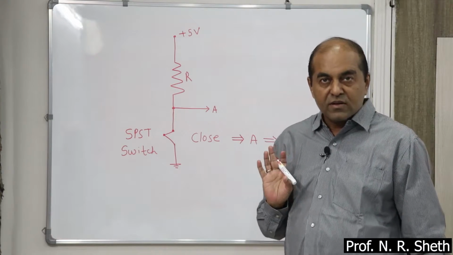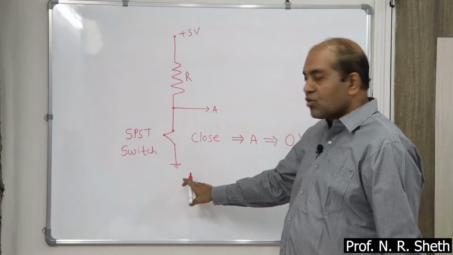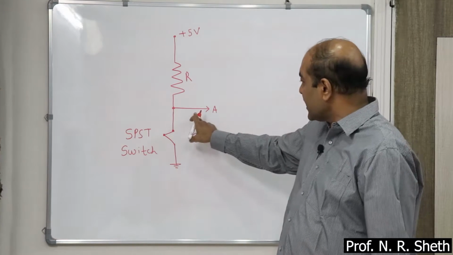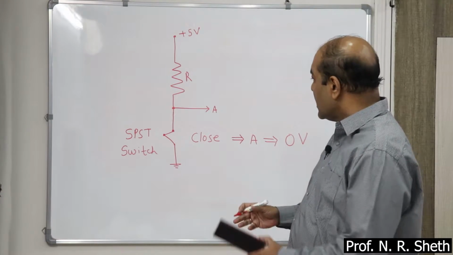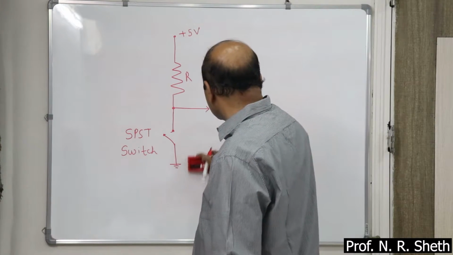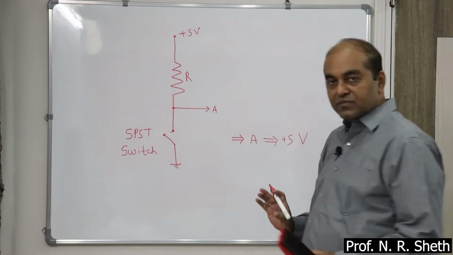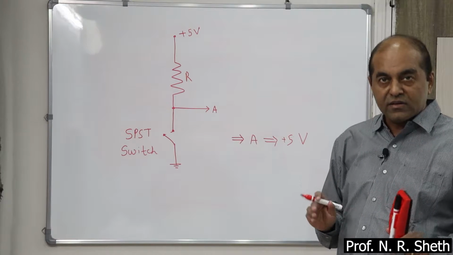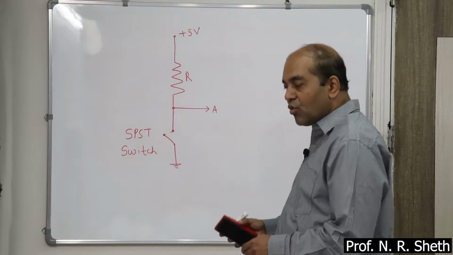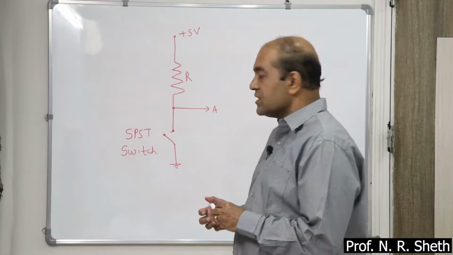Is that clear? When the switch is closed, this voltage goes to ground level. So potential at point A is 0, and when the switch is open, this path is cancelled and the voltage is plus 5 volt. Okay, is that clear?